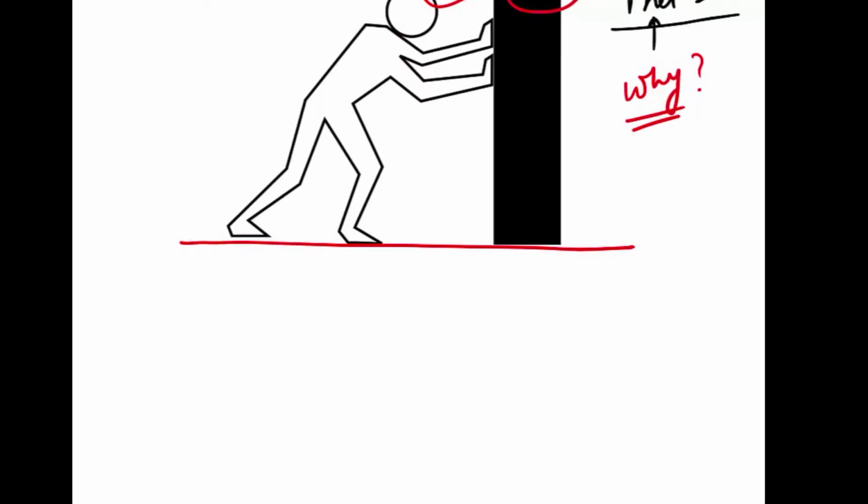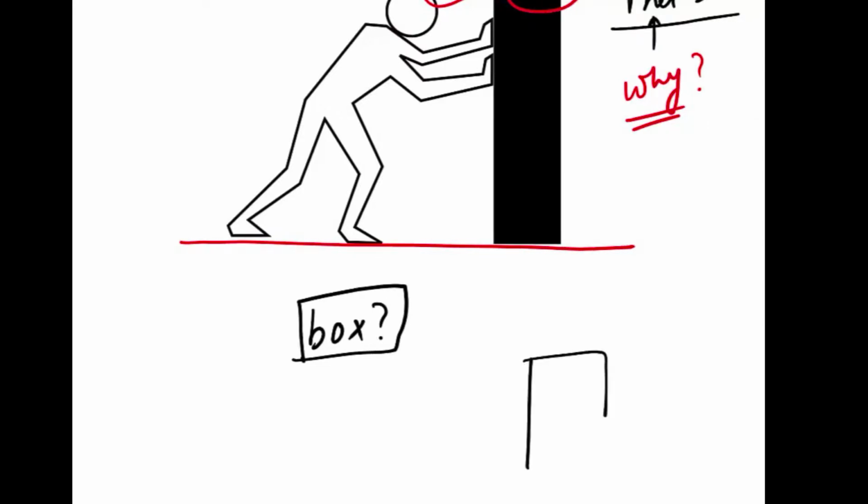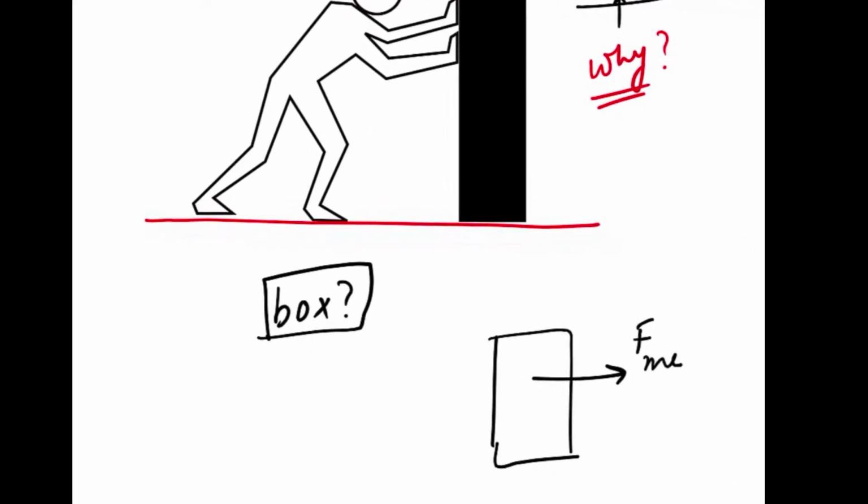If you are interested in whether the box will move, what is your system? Your system is the box, and on the box there's only one force, by me, right? Then you can find the acceleration of the box, which will be the force by me divided by the mass of the object.